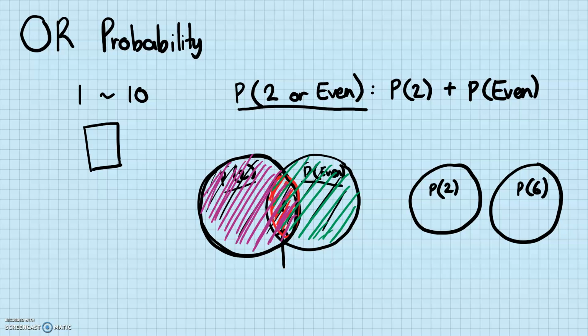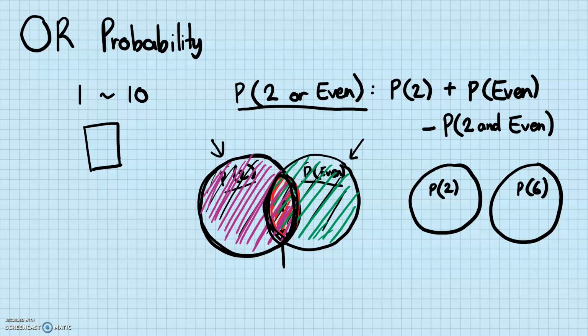It's been accounted for when we consider the probability of picking a 2 and when we find the probability of picking an even number. So instead of just adding the 2 probabilities, we need to subtract, because we've counted this 2 times. We need to subtract one of those times: subtract the probability of picking a 2 and an even number.